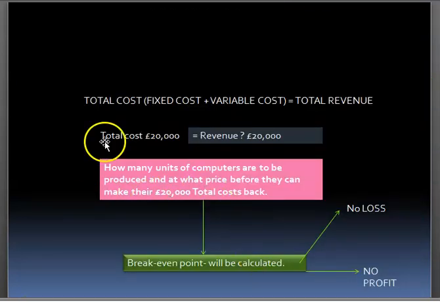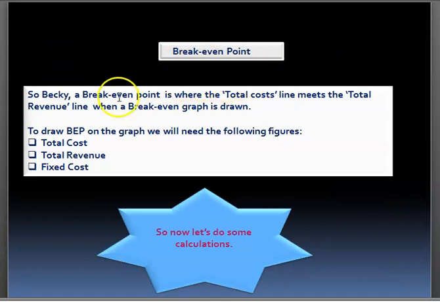A break-even point is where the total cost line meets the total revenue line when a break-even graph is drawn. To draw the break-even point on the graph, we need the following figures: the total cost, the total revenue, and the fixed cost. So now let's do some calculations.